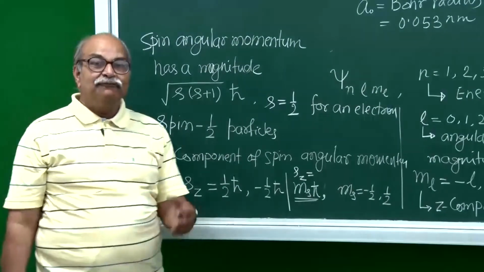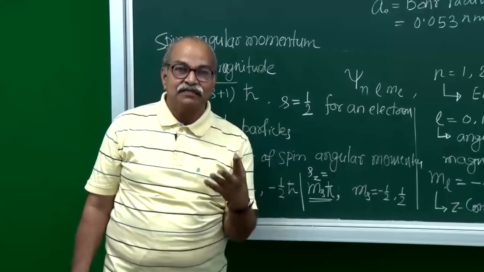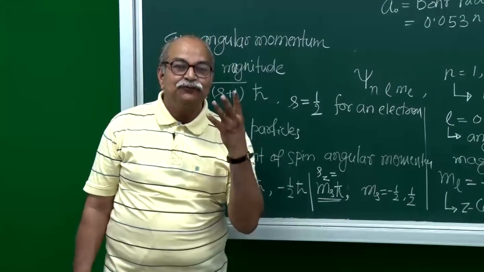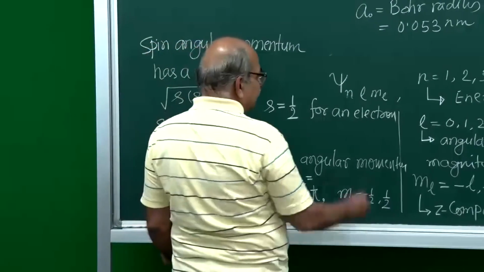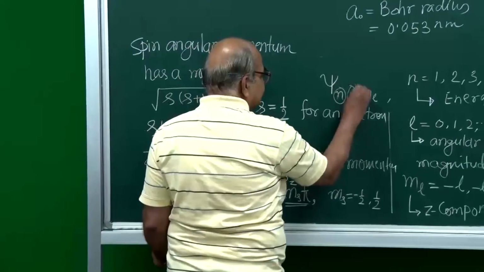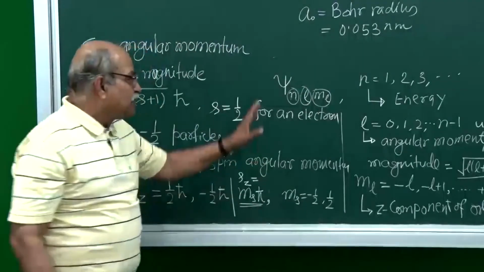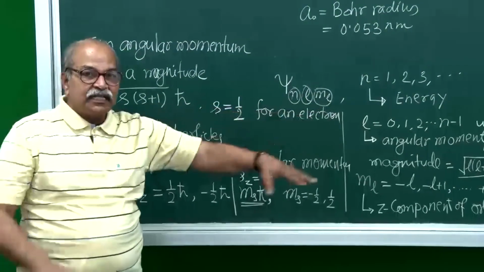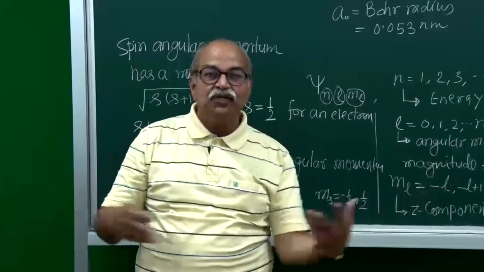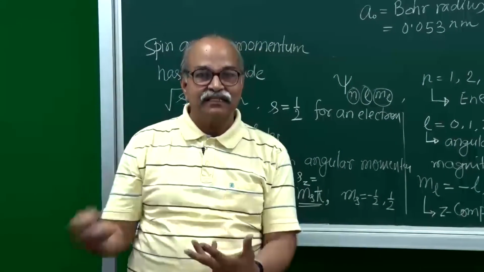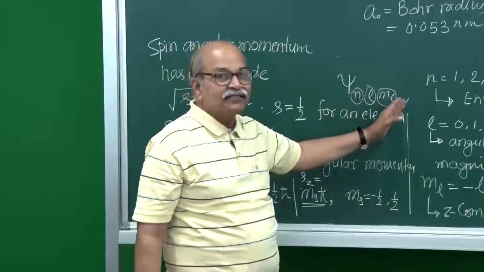So now you have 4 parameters: n, L, ml, and ms. If you give these 3 parameters, n, L, ml, the behavior corresponding to the space part, x, y, z, is fixed from here.